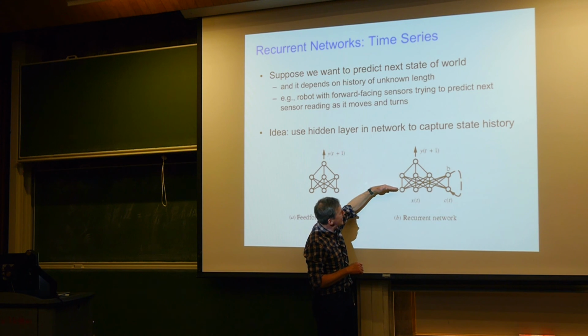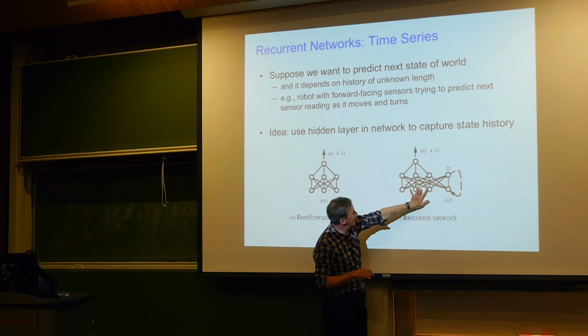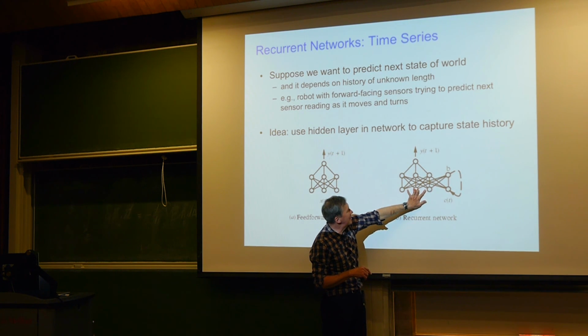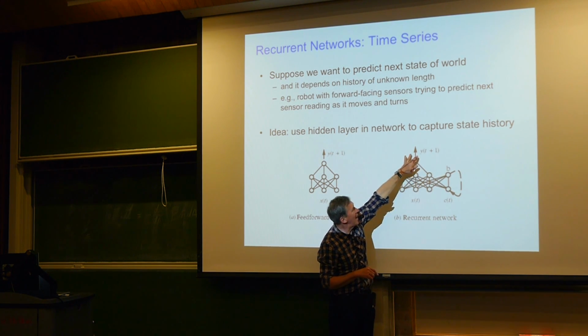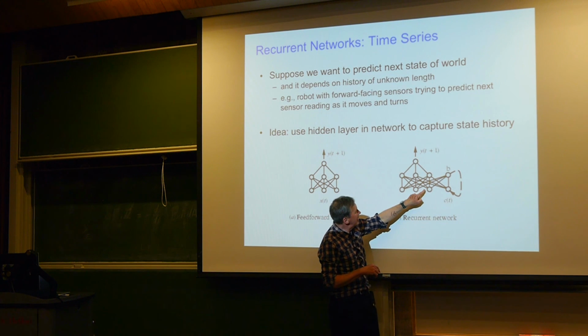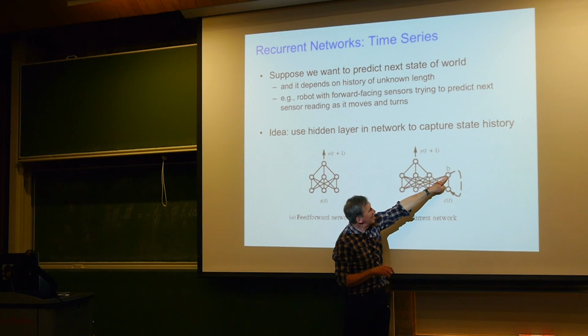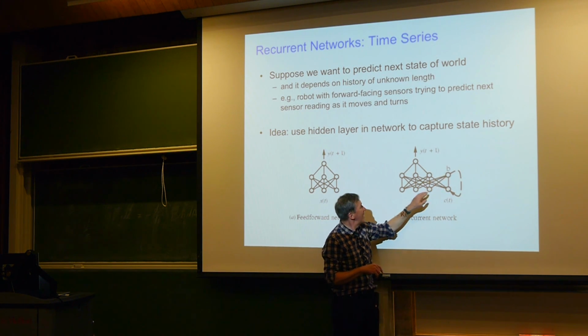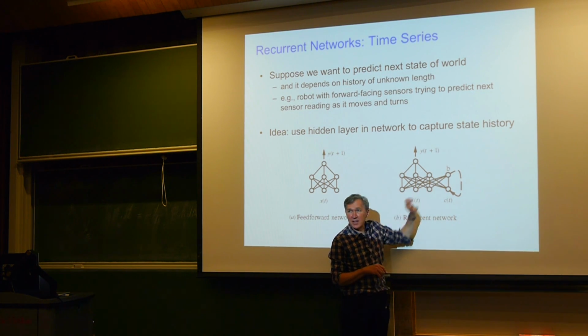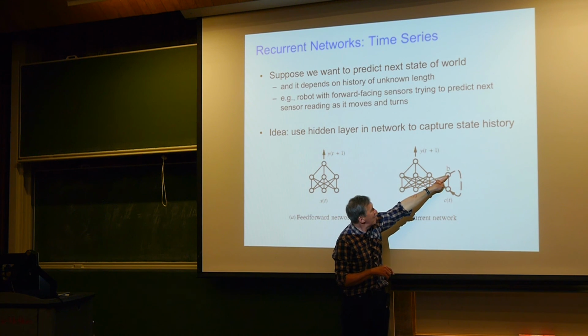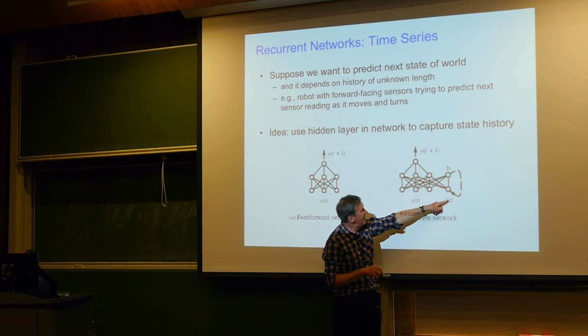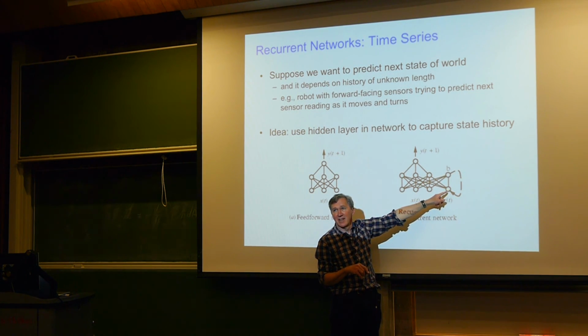The way you understand this is that at any given point you input your observed x of t and you predict your output. But you also add one or more other units that are also a function of the current input, and that become an input at the next time tick.